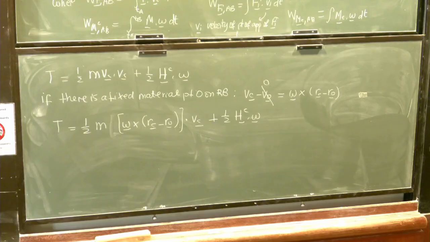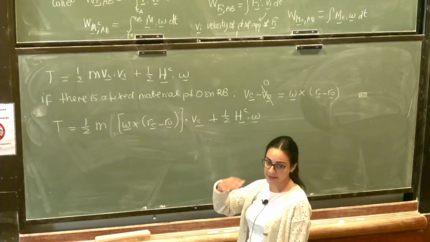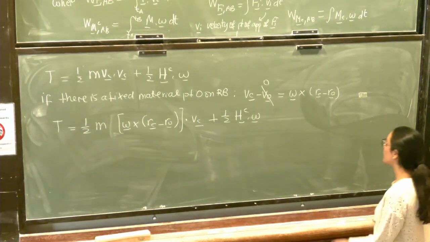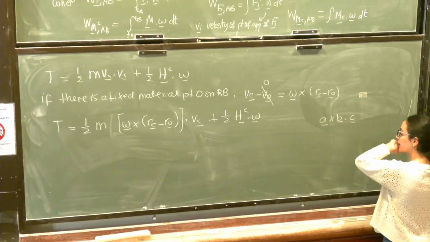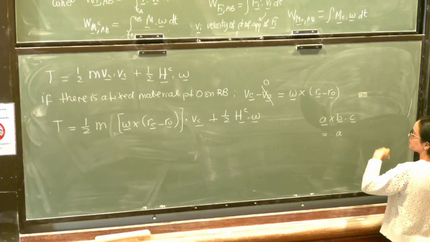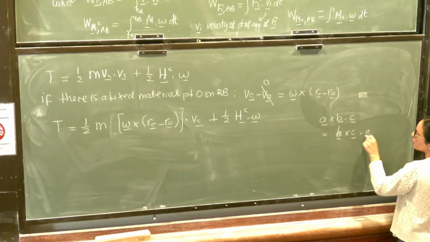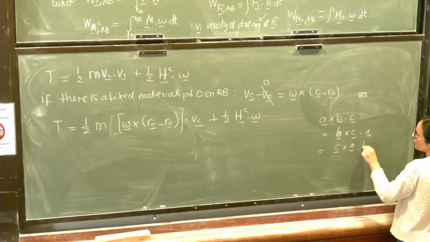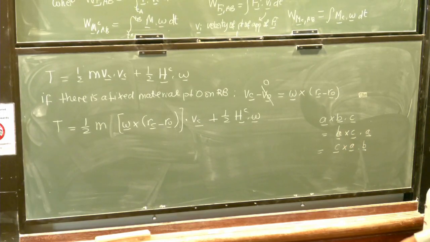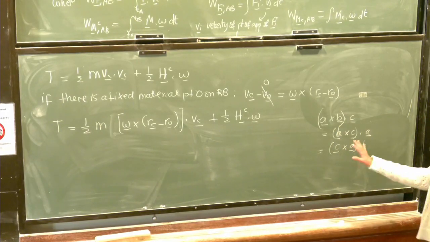Okay. So this here, the scalar triple product, has a cyclical property. Remember, A cross B dot C, I can write it as B cross C dot A, or C cross A dot B. These we can all show.